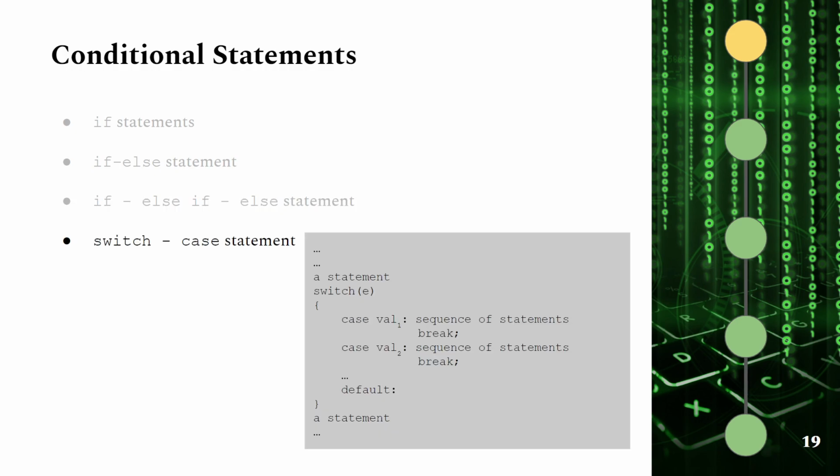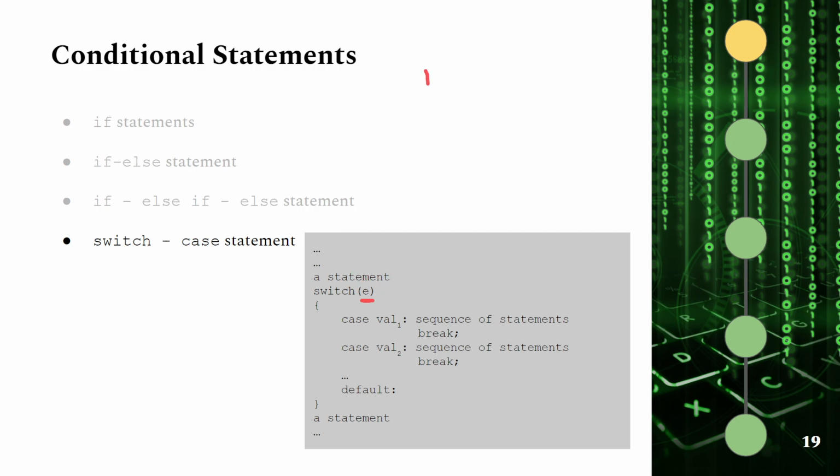Finally, we are at the switch case statement. In a switch case statement, the construction is completely different from how if elses work. For a switch case statement, this expression over here has some limitations. You cannot actually provide any expression here.